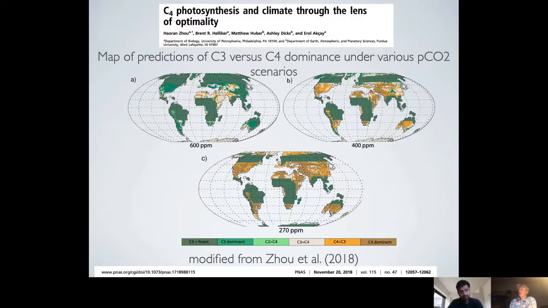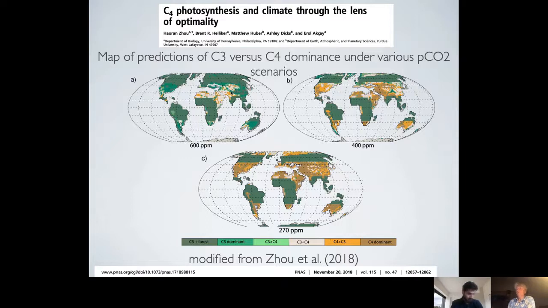And so here we have a map predicted for the condition where the atmosphere, which is uniformly mixed with CO2, is at 600 ppm. Right now we're above 400.